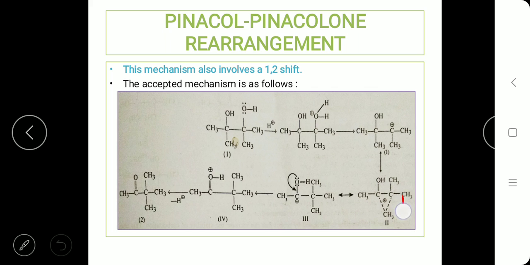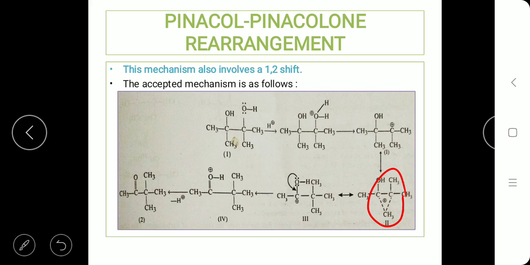That is what you can see here. A cyclic or bridged carbocation is obtained, which means the positive charge is oscillating between the 2 carbon atoms. I hope this is very clear for all of you. So in the pinacolone rearrangement, a bridged carbocation is formed, and this is numbered as 2.